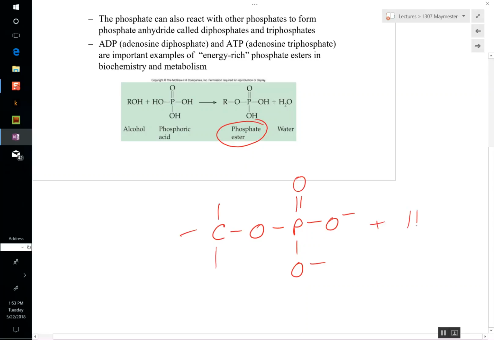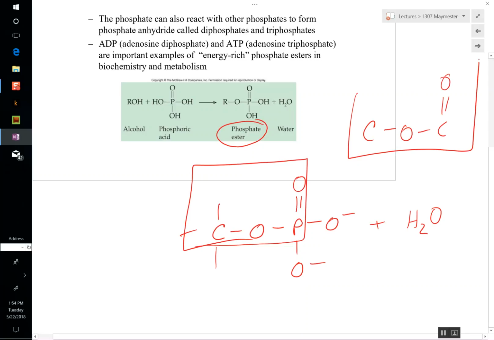You don't have to get into naming phosphate esters. You need to recognize them. It's kind of mimicking your ester. There's your normal organic ester. Here's your phosphate ester.